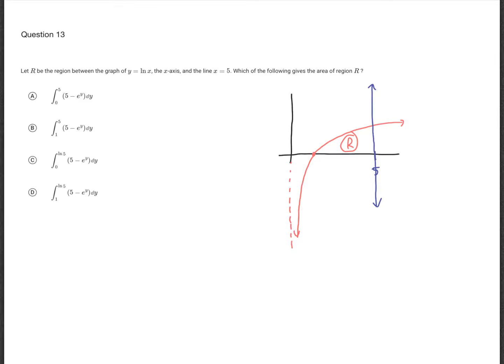Alright, so now we can see that we want to integrate, first off, this point here is (1, 0). So to find this area, we've already got our function in terms of x. So we really just want to integrate this function from 1 to 5. And that's it. So integral from 1 to 5 of ln x.